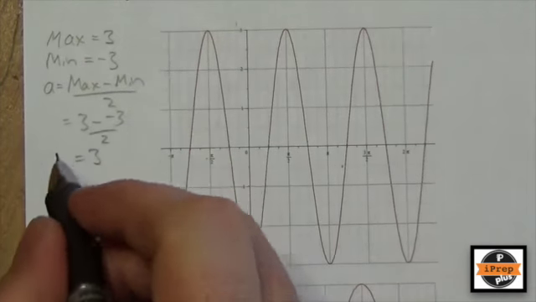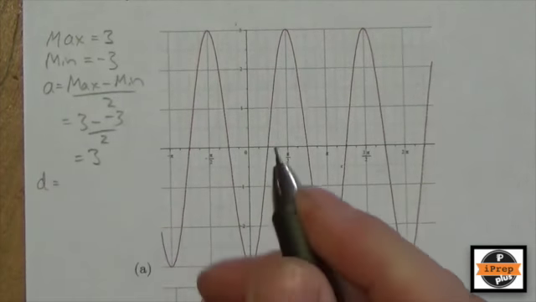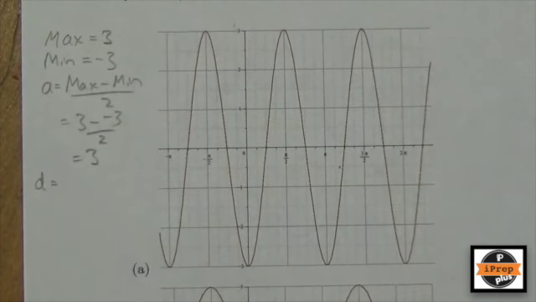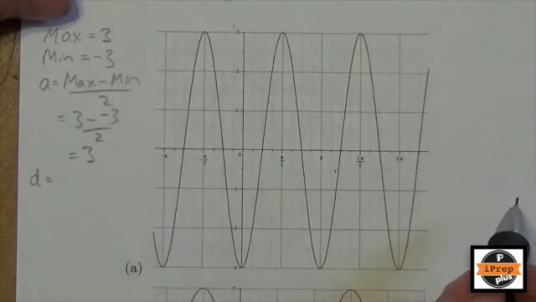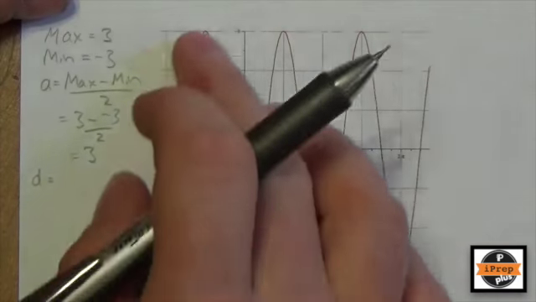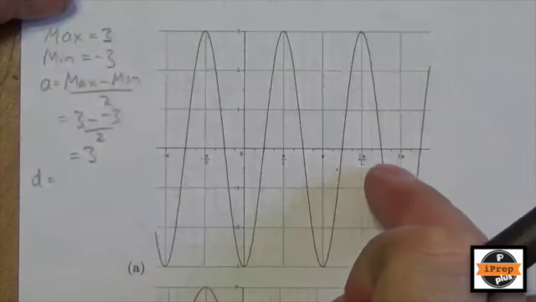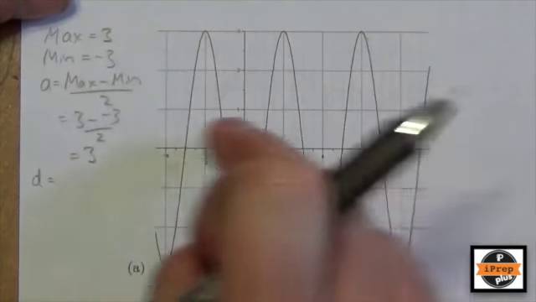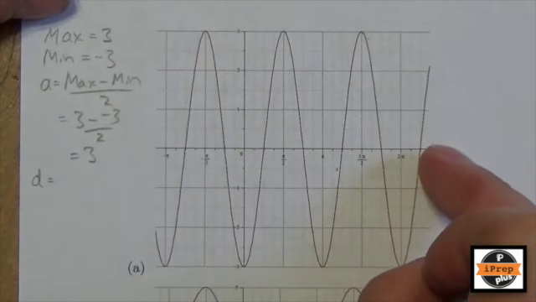But I also know the D value, if you want to think of it like the median value, or the vertical displacement. Okay, I can figure that out. Now I can tell you right now, just by looking at this, that the answer is going to be 0. Okay, and I know that because the graph is symmetrically distributed over top of the x-axis. There's the same amount above as there is below, so the center of the graph is right here on the x-axis.